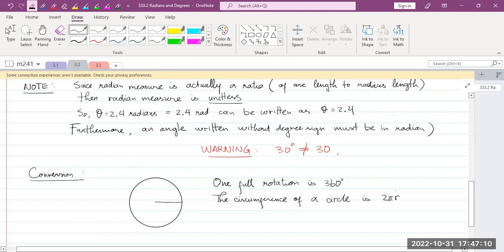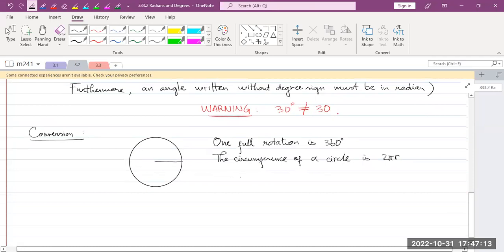That's the arc length. So you will see the 360 degrees, one full rotation, in radian corresponds to the arc length divided by the radius r, which is 2 pi. 360 degrees corresponds to 2 pi radian. 180 degrees corresponds to pi radian.